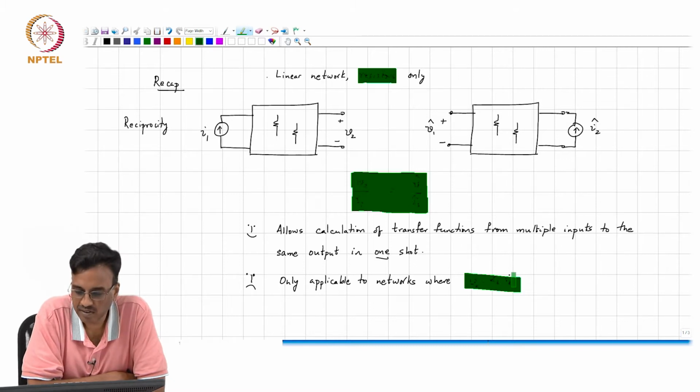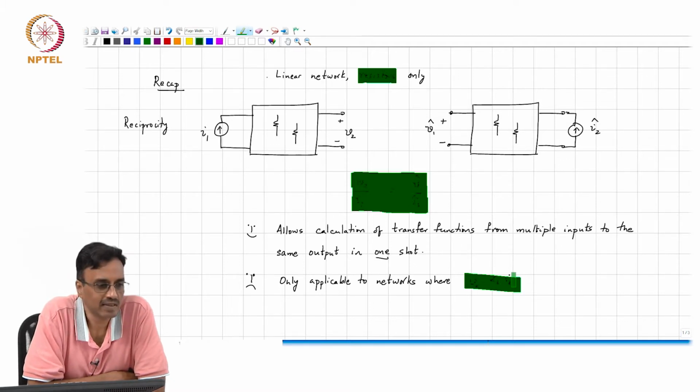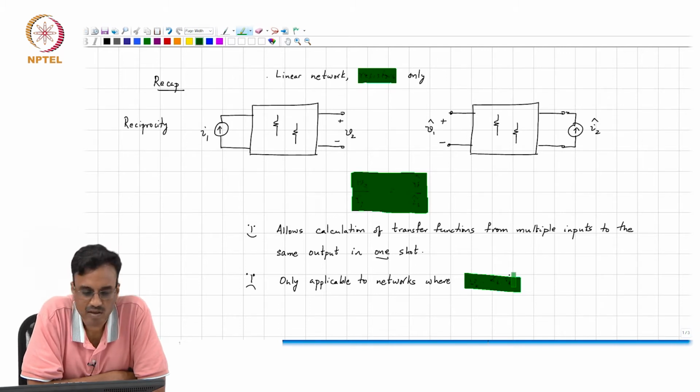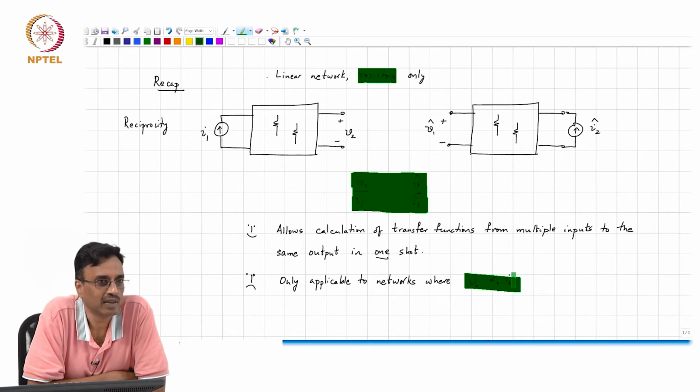Well, there is still an issue. While this is great, most practical networks that we deal with as analog circuit designers consist of controlled sources: voltage controlled voltage sources, voltage controlled current sources, CCVS and VCCS.